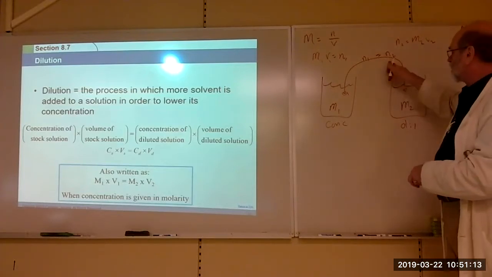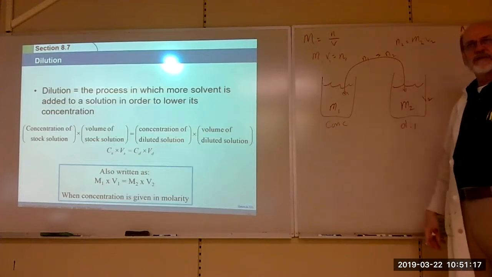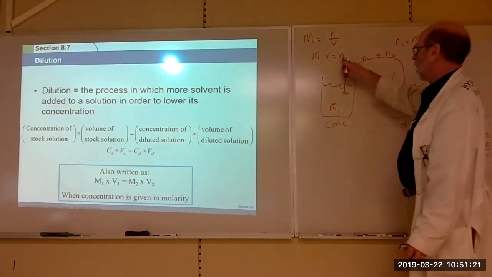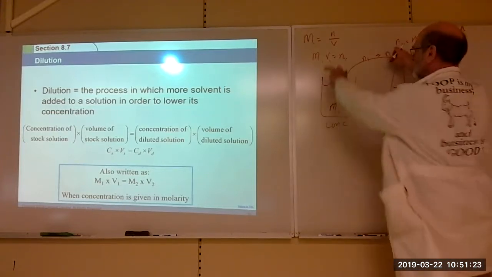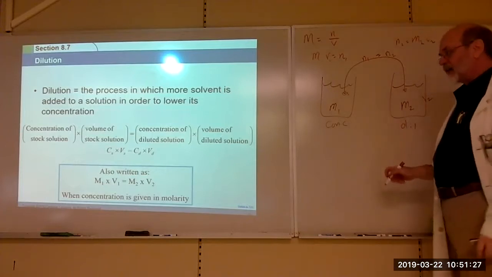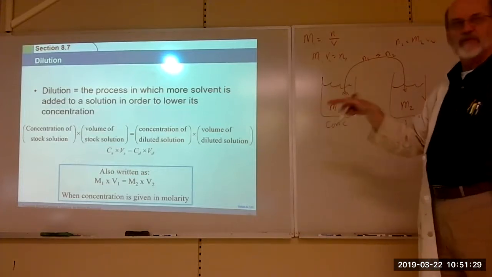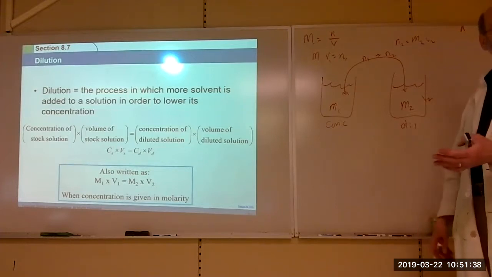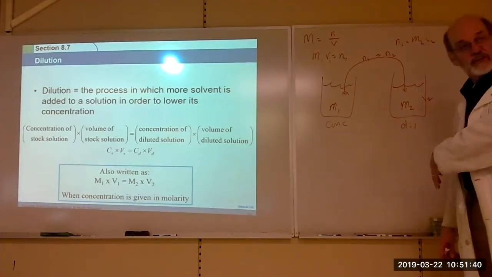So if this is equal to that, this is, what do they call it, the distributive property, and that's equal to that, then that has to be equal to that. Right? That's why M1V1 equals M2V2. You just have to remember which one's which. Right? I always make M1V1 the concentrated one, and M2V2 the diluted one.